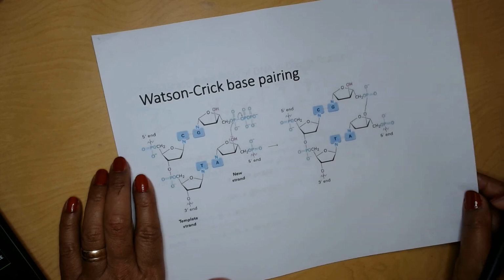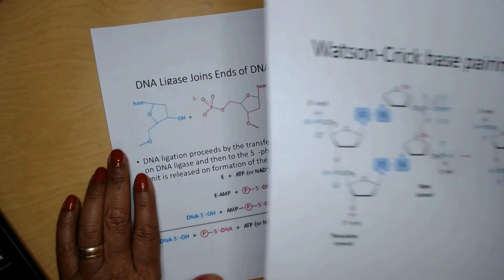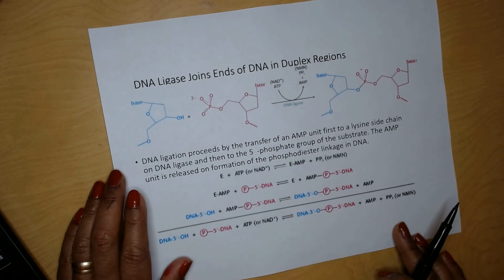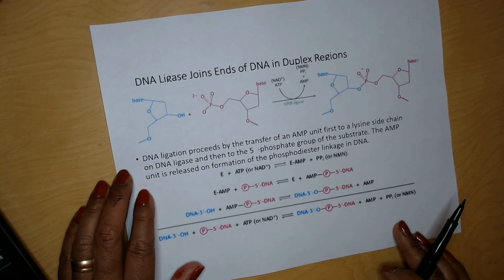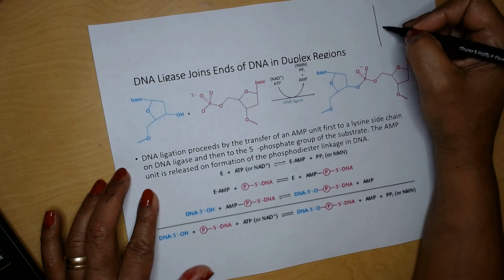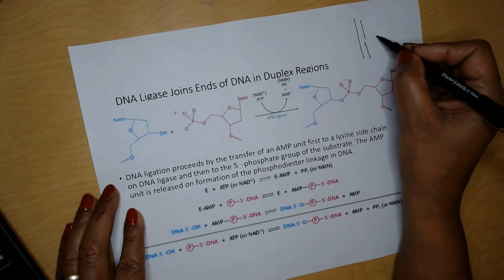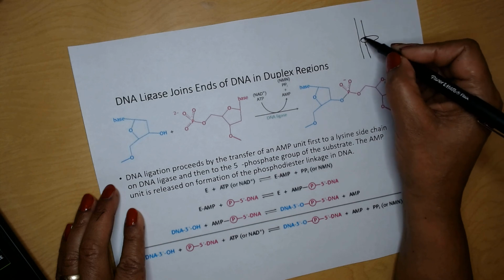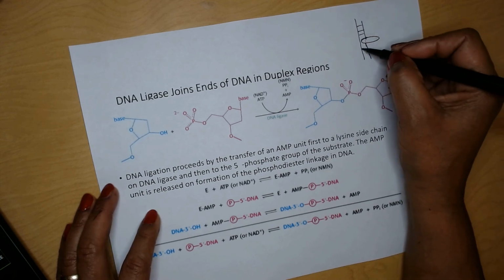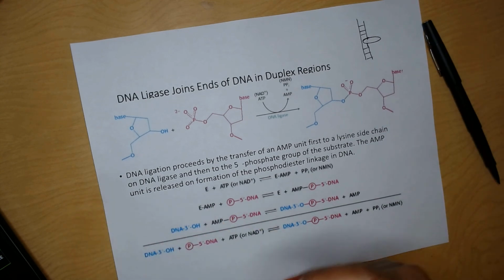Now, after we have made different small fragments, we have to use an enzyme called ligase, which only works when we have duplex regions. So once the double strand is made, but there are some little nicks, the function of this enzyme ligase is to create a phosphodiester bond. But look, it must be a double strand section, it must be a duplex.